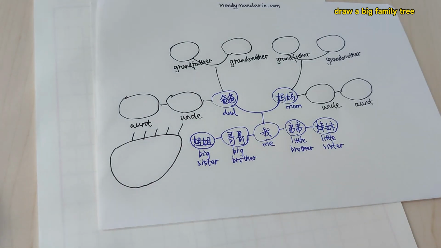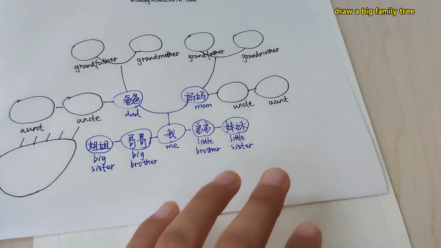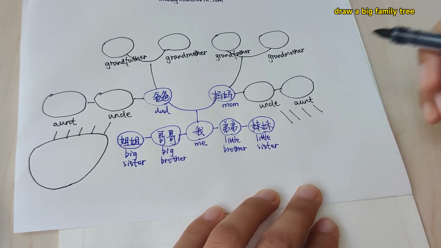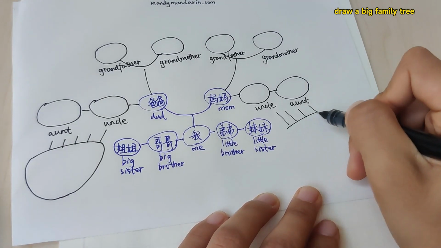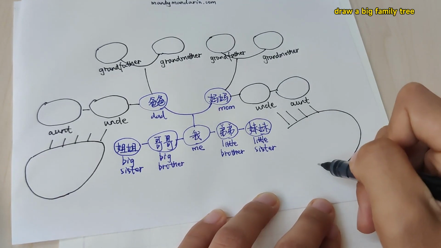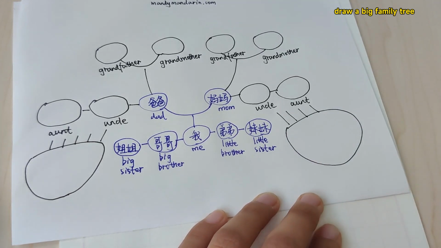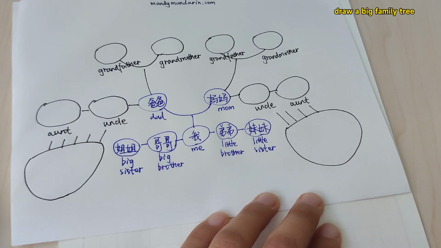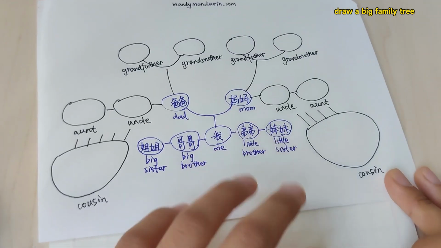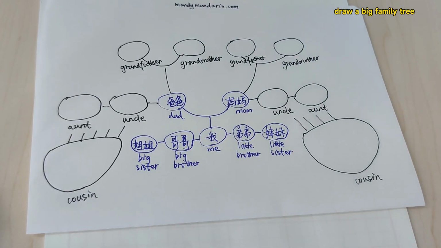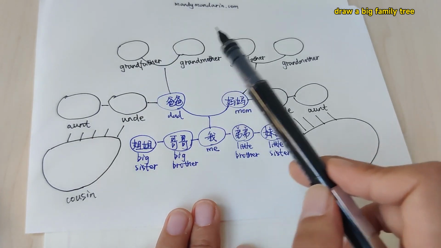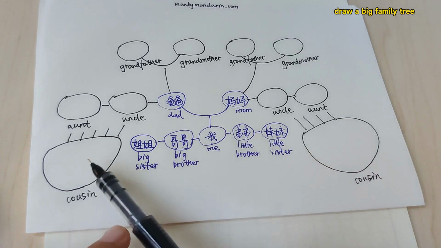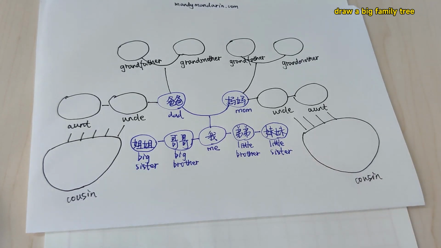Yeah, trust me. And same as the mother side. So the aunt and uncle from your mother's side, they would have a lot of kids. And this is the cousin from the mother side. Okay, so basically these are the words we're going to learn. We have 1, 2, 3, 4, 5, 6, 7, 8 plus some words here.